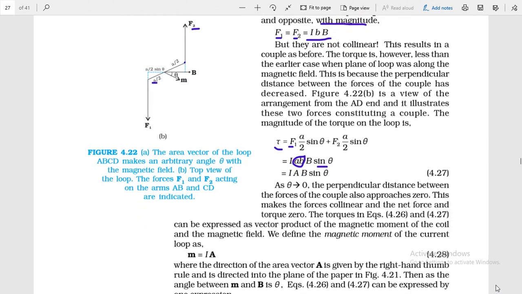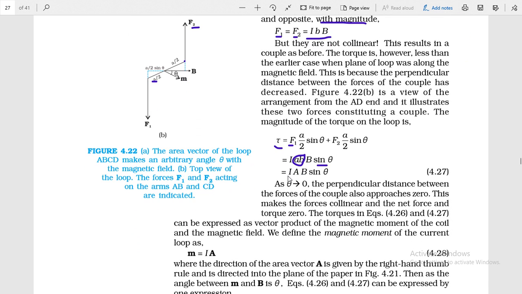The final result is I into area of the loop into magnetic field into sine theta. As theta tends to 0, the perpendicular distance between the forces of the couple also approaches 0. This makes the forces collinear, and the net force and torque will be 0. So for theta equal to 0, the torque will be 0.